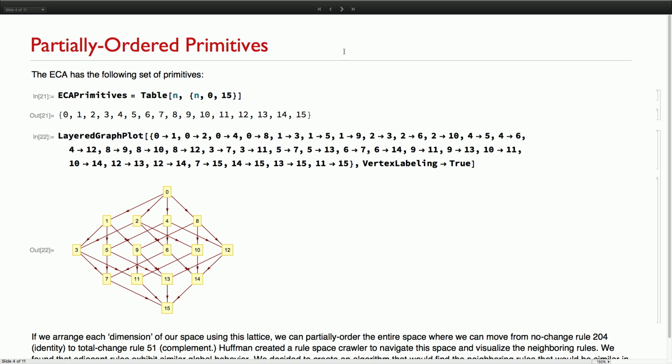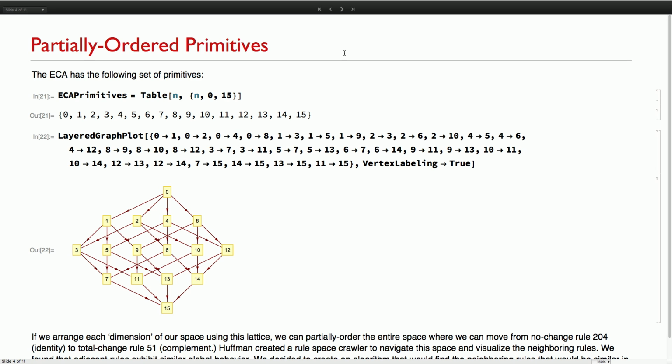So I realized that perhaps they are not perfectly ordered, but they are partially ordered. Here I have the partially ordered primitives. There are 16 primitives, and every rule has two primitives. So this 16 by 16 gives the 256, and then I can order all of this in a lattice.